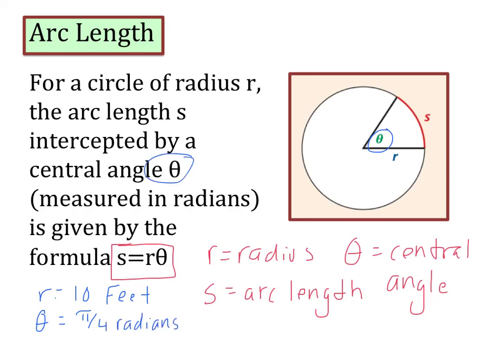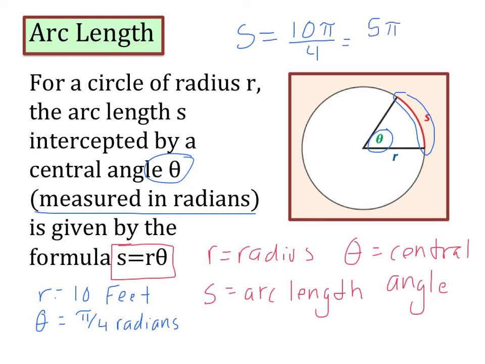Since this central angle is always measured in radians, we can figure out the length of S. So S would just be 10 times pi divided by 4, or 5 pi over 2. And that 5 pi over 2 is measured in radians. Arc length is measured in radians.